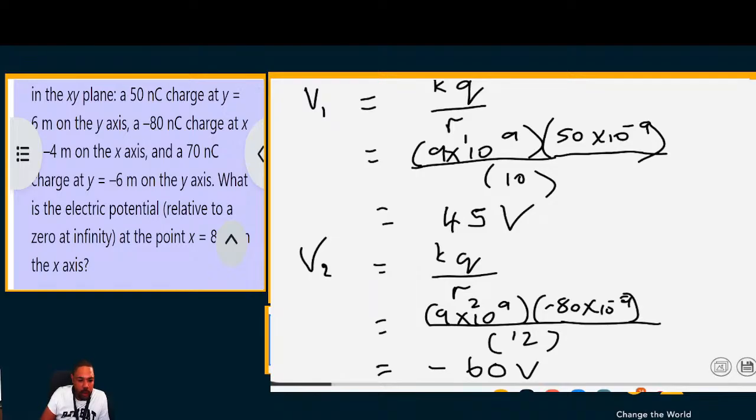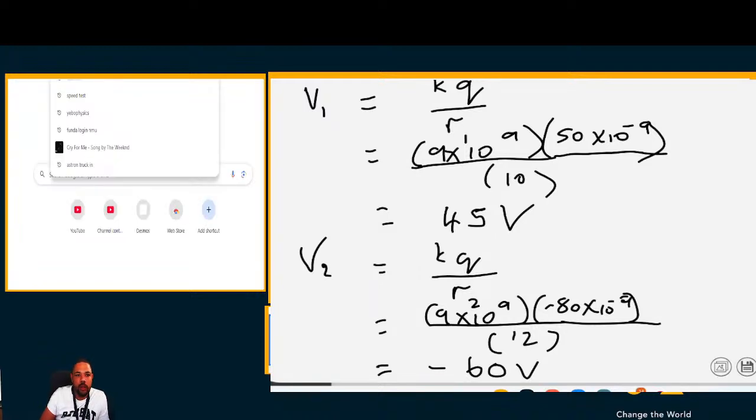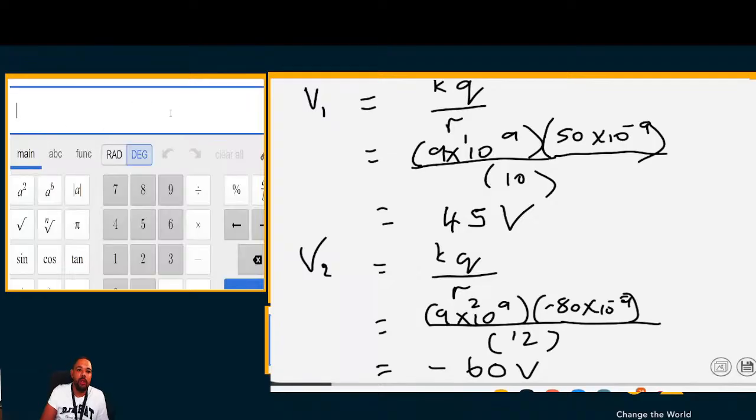I just want to make sure because I did this in my head. Let's just go to a calculator. Desmos. Usually I make the screen bigger because I usually do have the calculator there. So it will be 9 times 80. That's 72. Sorry, I was wrong. So it's 72 divided by 12. That is 60. Yes.